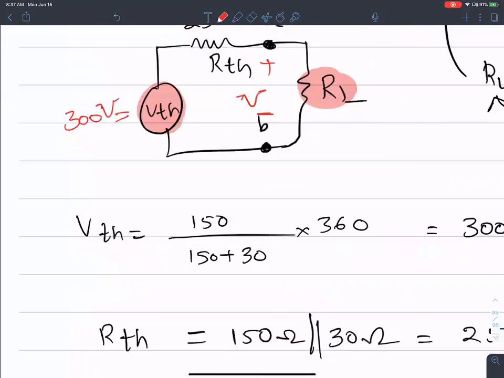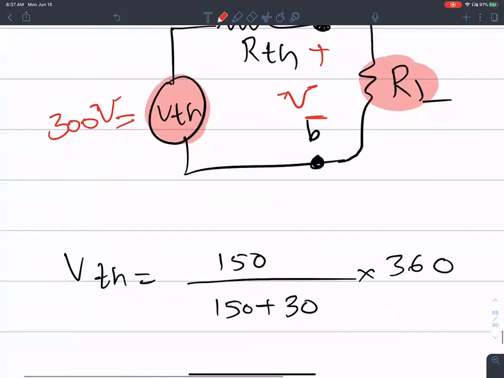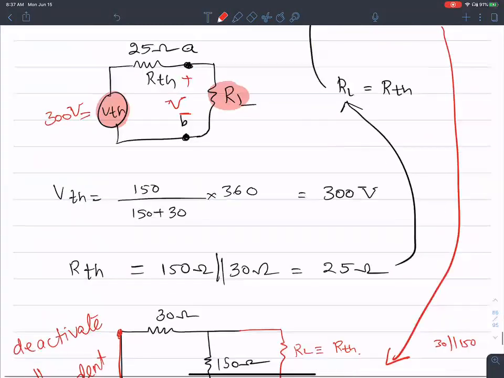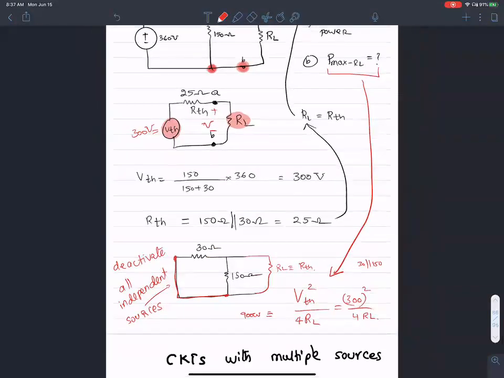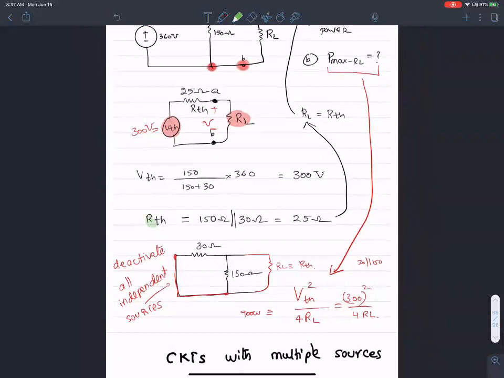But in here, I have a voltage source. So in order to deactivate that, this is the first step in finding R Thevenin. When you want to calculate R Thevenin, the first step is to deactivate all the independent sources. Deactivate an independent voltage source by replacing it with a short. All right. So other questions, please.